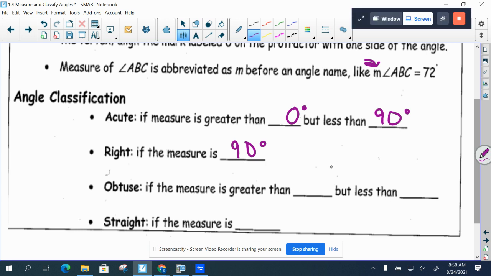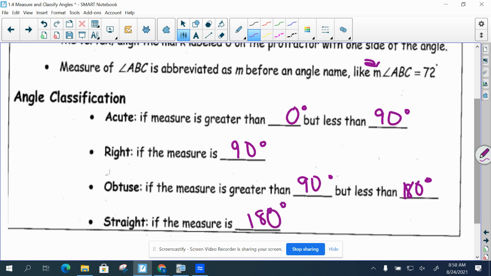Obtuse is if the measure is between 90 degrees and 180. And then straight is if it's 180. Now what about between 180 and 360? In that case, we don't report it that way.